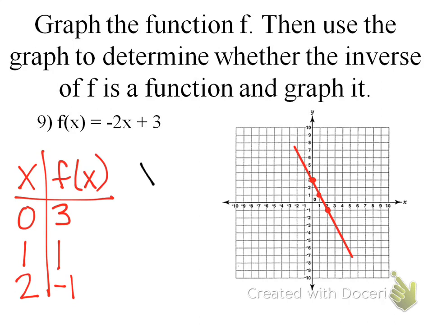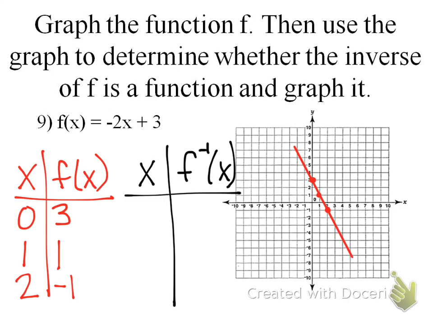So now I'm going to make another xy table. But it's the inverse, so I'm going to use that little negative 1 notation. And now I'm just switching them. So instead of 3 being my output, 3 is now my input, and 0 is my output. The 1's flip-flop, which of course doesn't really do anything. So all I did was take all my inputs, make them outputs, all my outputs, and make them inputs.